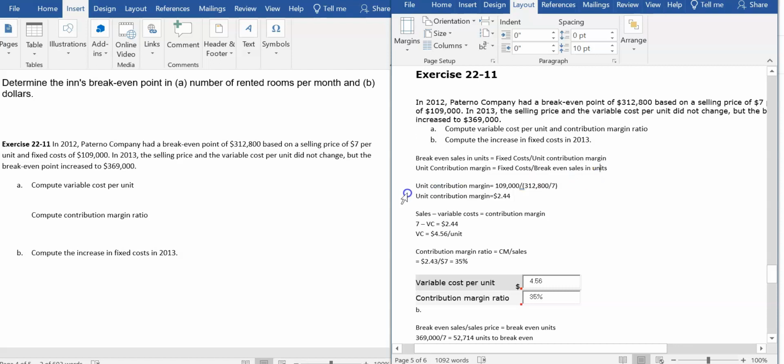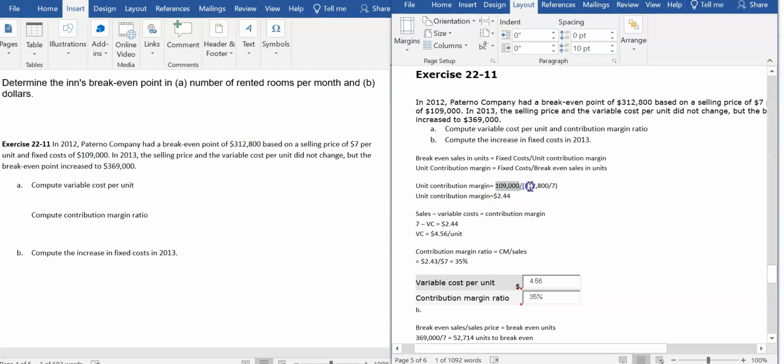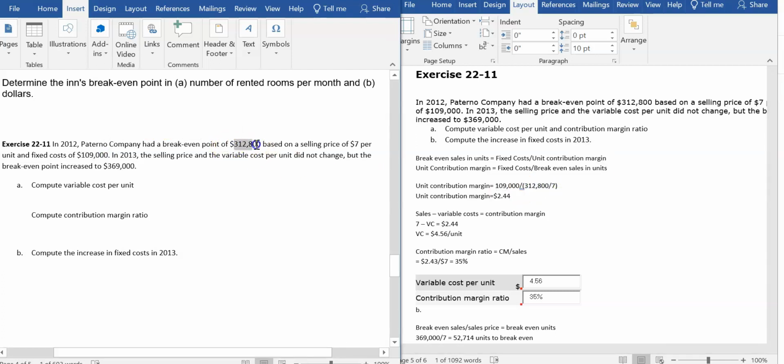Okay. So looking here, we have our fixed costs for the year were $109,000. And to get the break-even in units, we will take the break-even point in sales and divide by the selling price per unit.